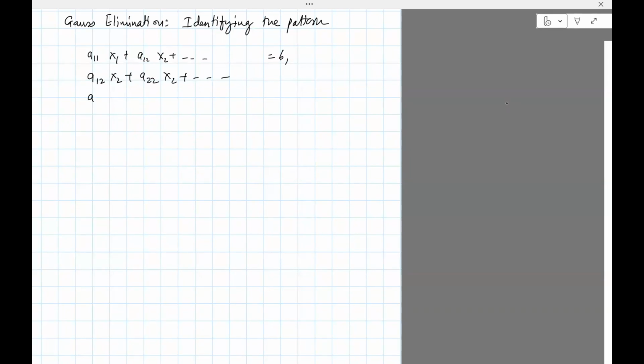We write the first 3. Okay, that's good enough. This is an error. This should be 2, 1: second row, first column. Third row, first column. This should be x1. My bad. x1 plus a32 x2 plus a33.